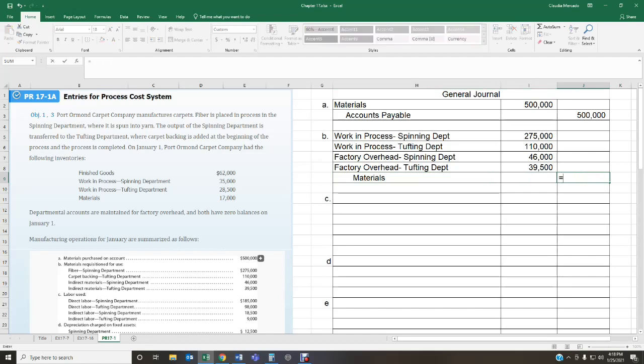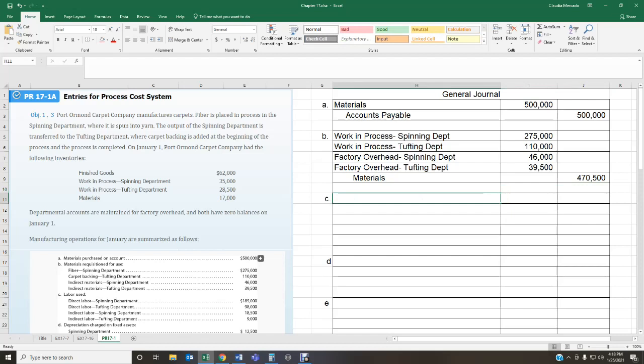So we're going to add those 4 numbers together, and that's going to give me $470,500, okay? So when you requisition materials, you debit, if it's direct materials, the working process for the respective department. If it's indirect materials, you debit the factory overhead for the respective department, and then you credit materials to decrease the balance. That way you know you no longer have those materials available, okay?